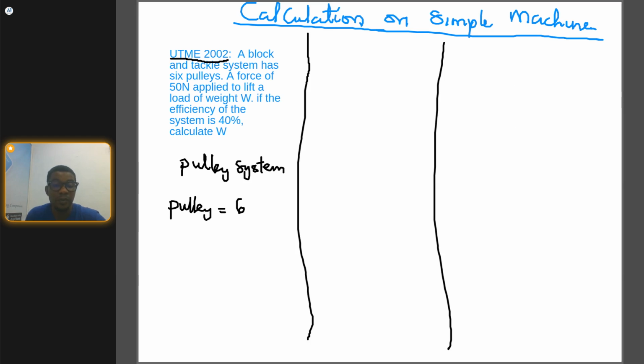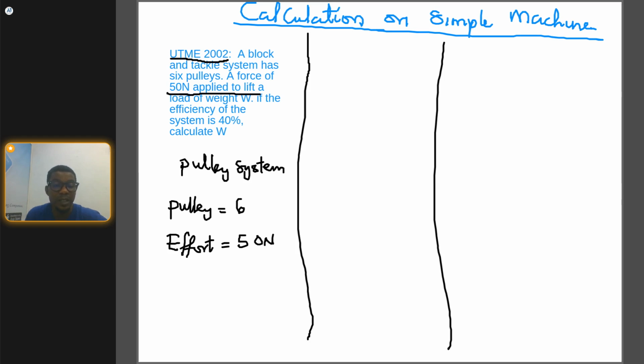And a force of 50 Newton is applied to lift a load. That means the effort was given to be 50 Newton. The force applied to lift the load is 50 Newton, so the effort is 50 Newton.